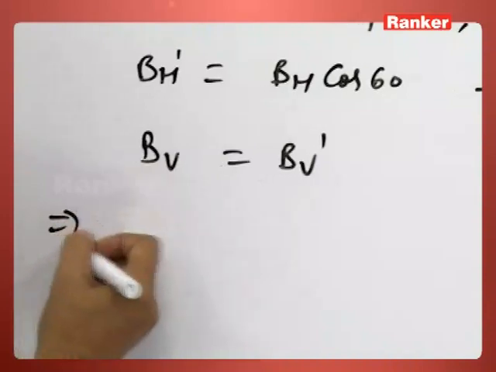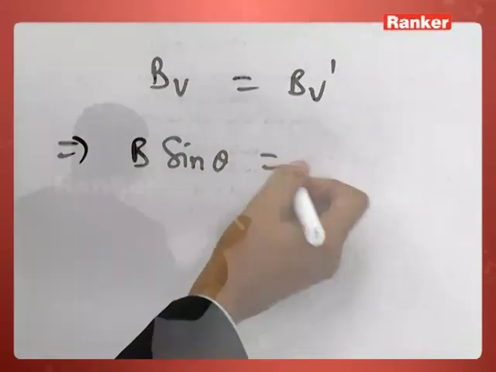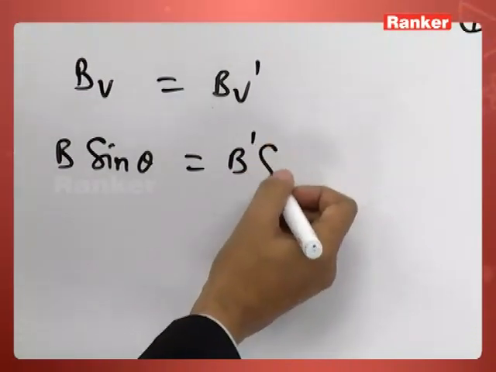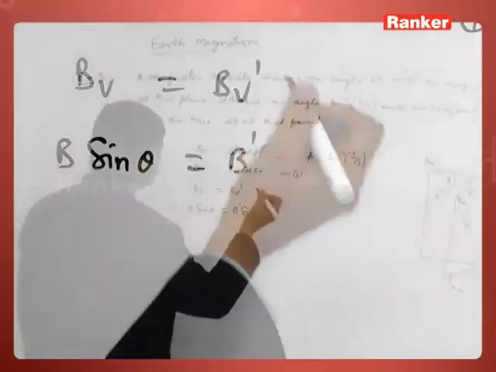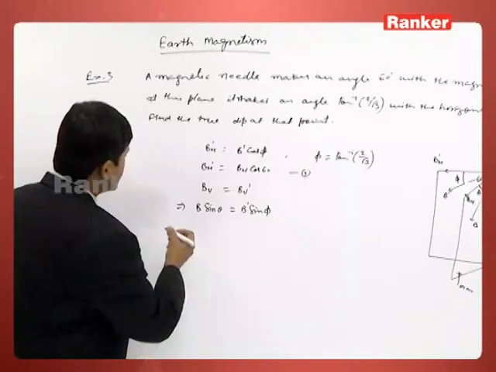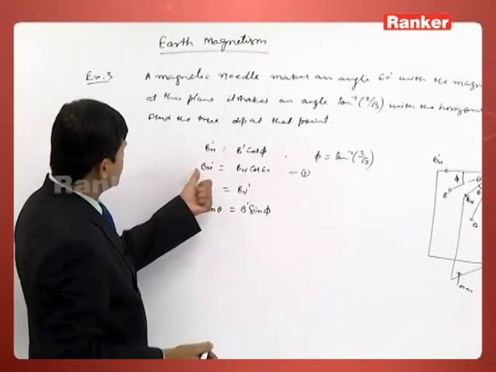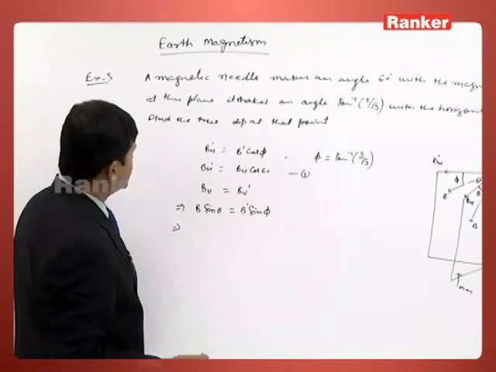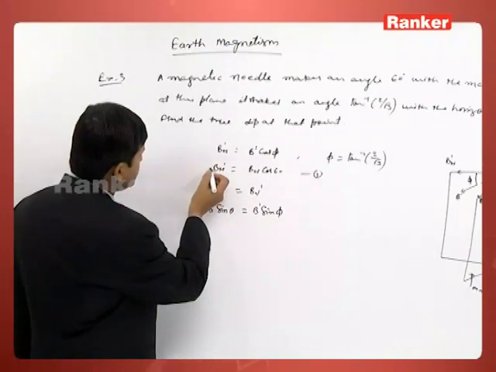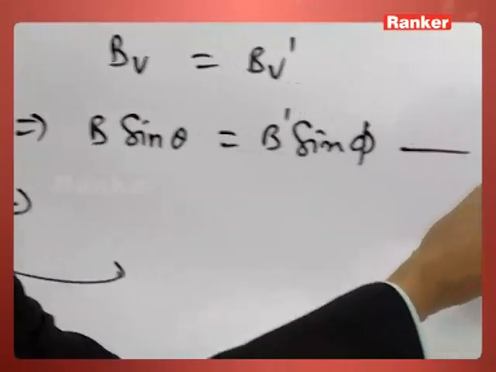The BV is your B sin theta, and BV dash is your B dash sin phi. Phi value is given. Now substitute the value of BH dash. So see from here, this is your second equation.